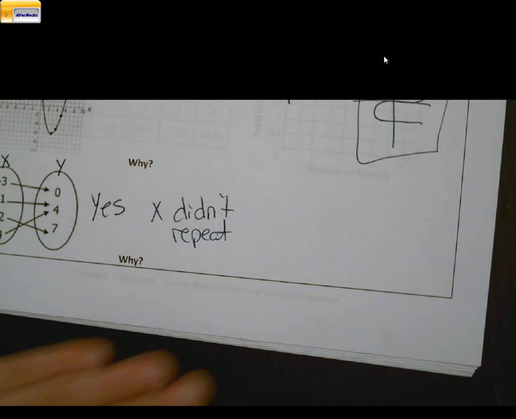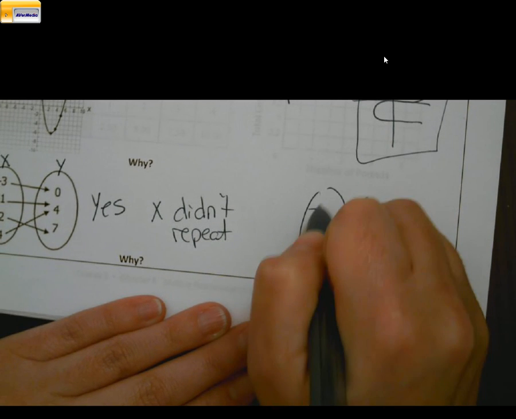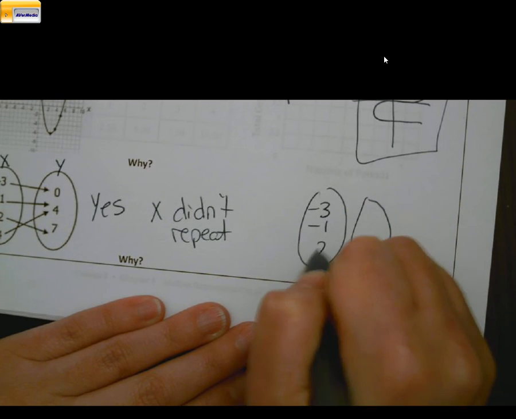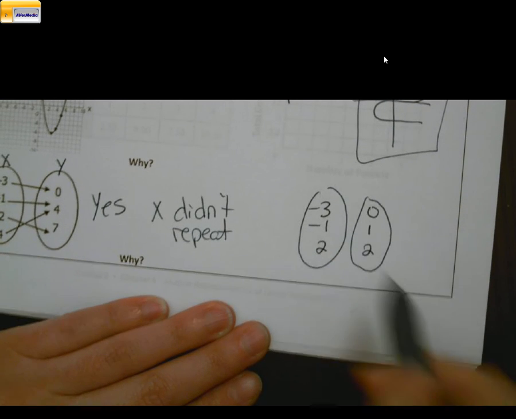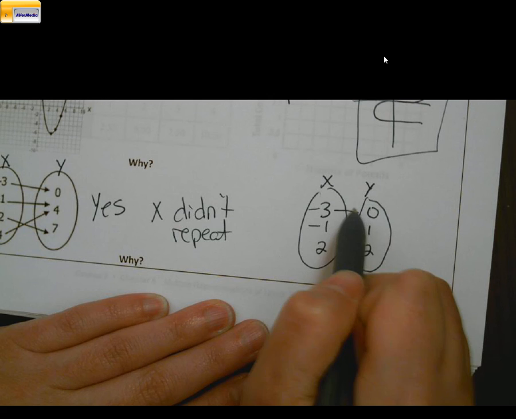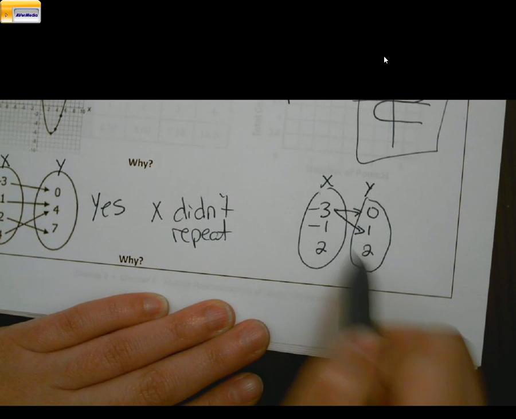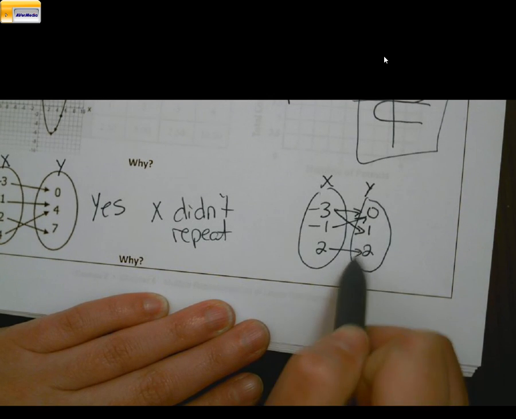So an example of mapping where it would not be a function, I might have -3, -1, 2, 0, 1, 2, and it might look like this. Again, my x and my y. So -3 goes with 0, -3 goes with 1, -1 goes with 0, 2 goes with 2.